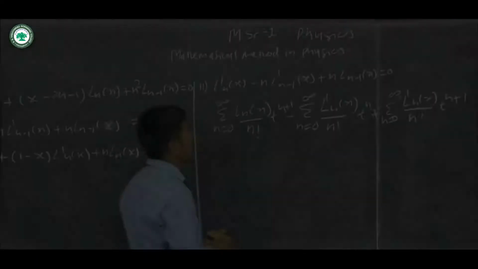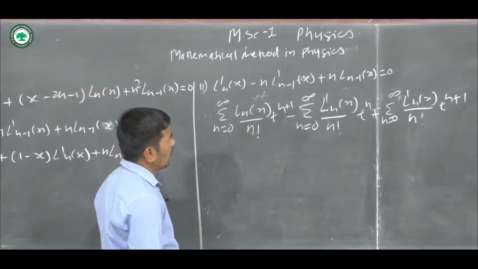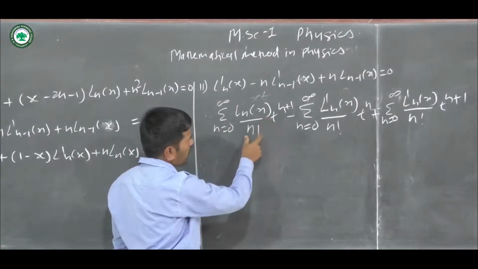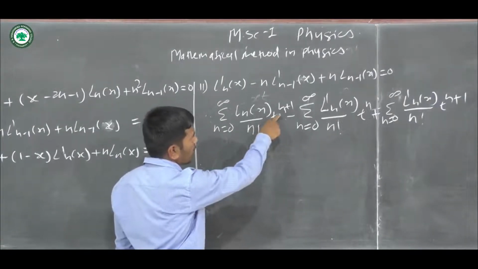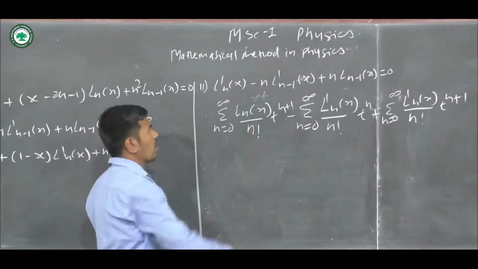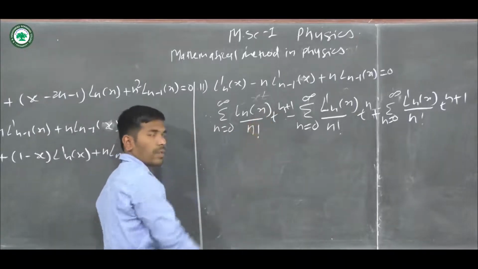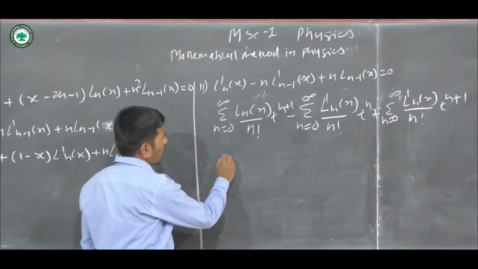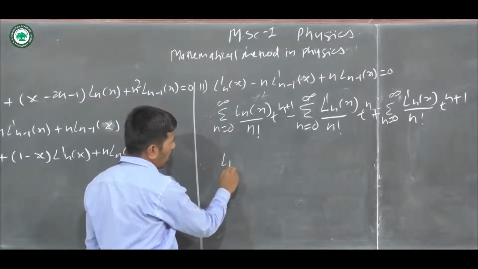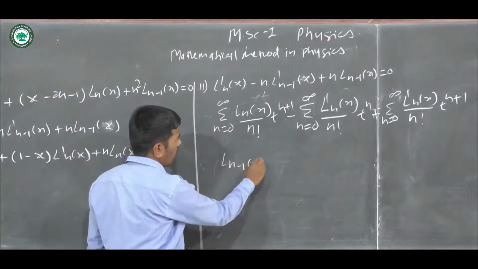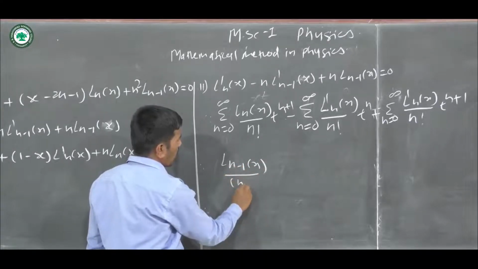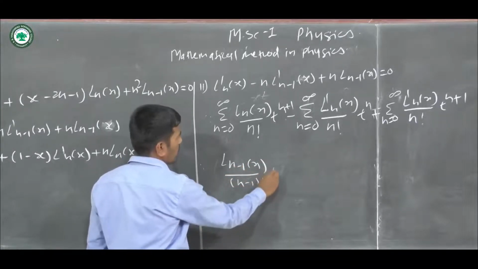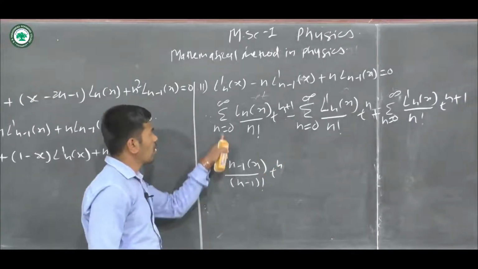Now we want only t power n here, but here it is t power n plus 1, so for that we need to replace n with n minus 1. If I replace n with n minus 1, it is L_{n-1}(x) divided by n minus 1 factorial and t power n for these summations.